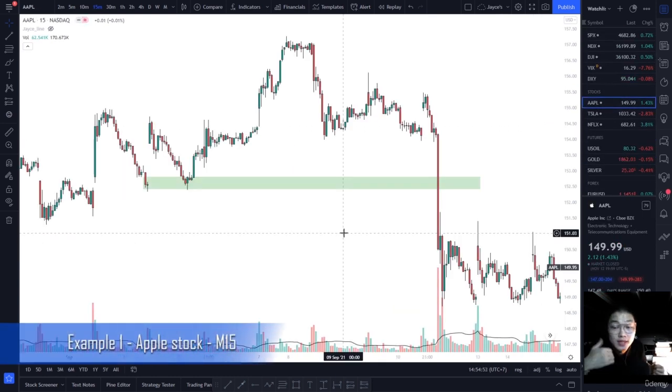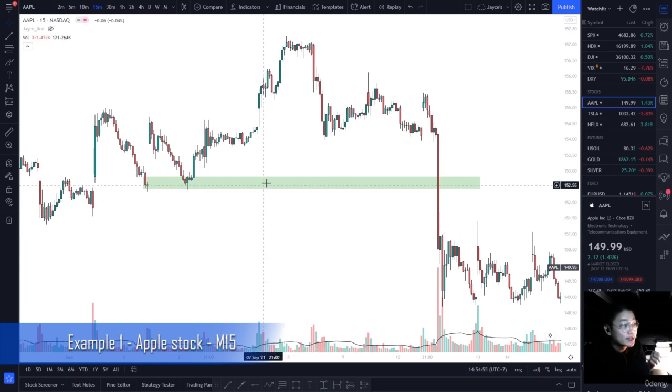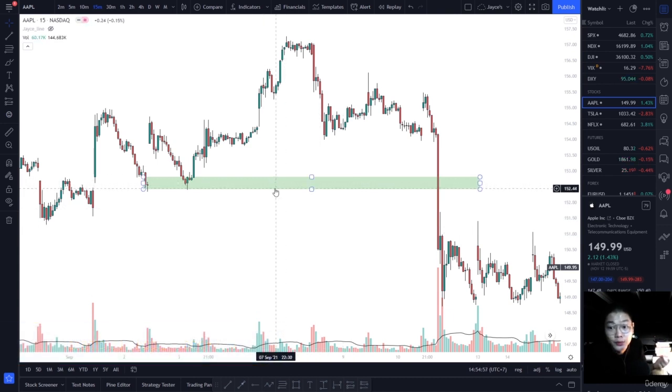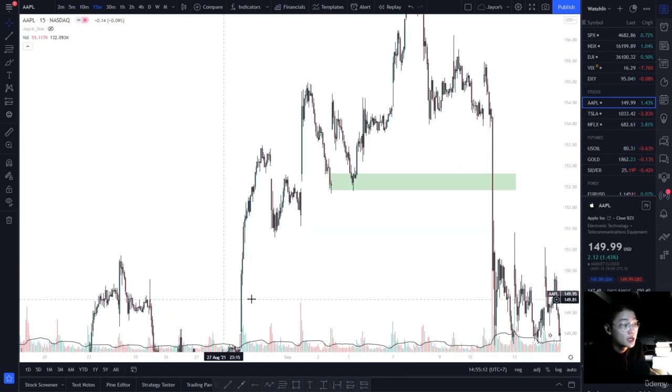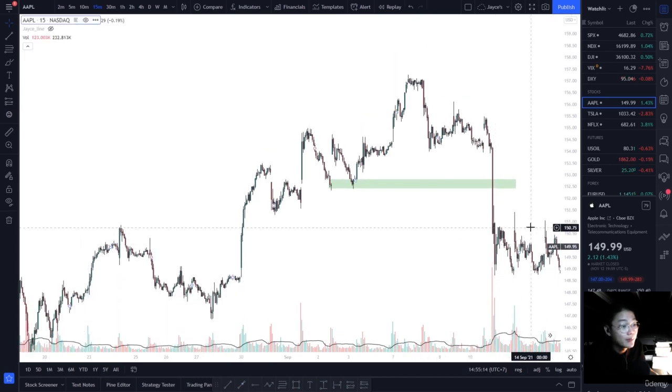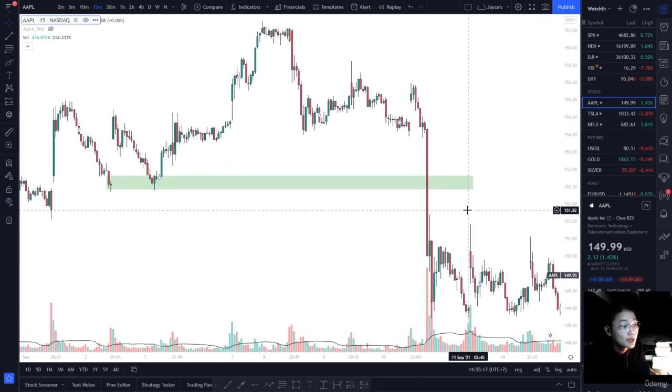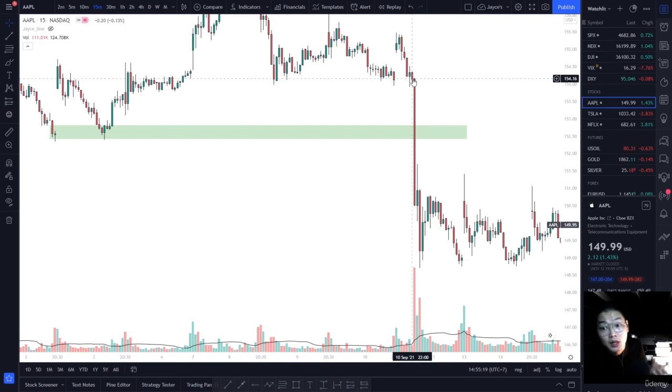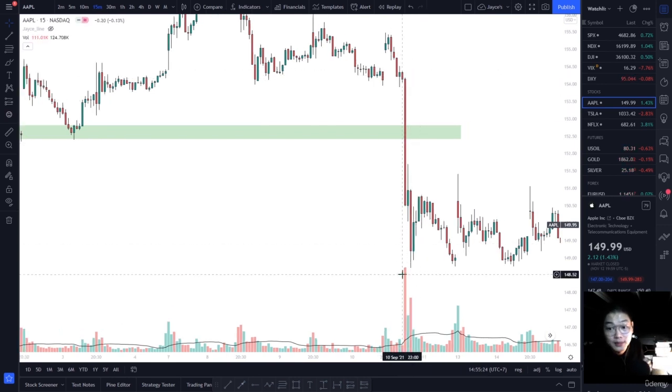Here we have Apple stock on the 50-minute chart. You can see on my screen, the green zone is the strongest demand zone on the market. This demand zone can be used to define the trend of the market. When price breaks out of this demand zone, it means price has changed from up movement to down movement. At this time, you can see price broke this demand zone with a very big Marubozu candle going down very sharply with a very high volume below.